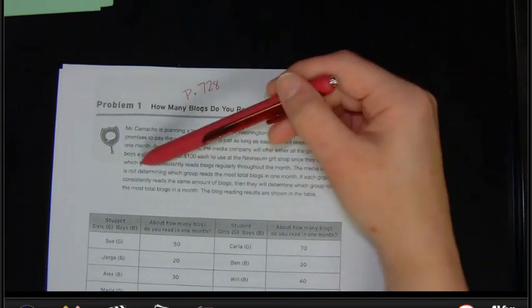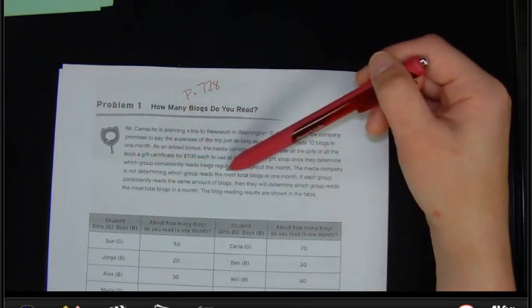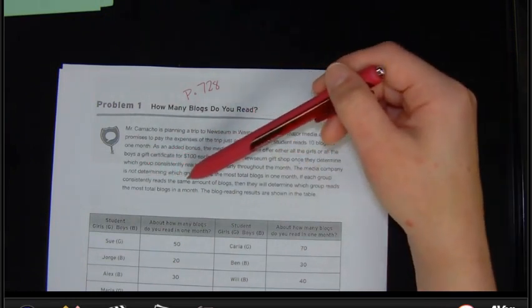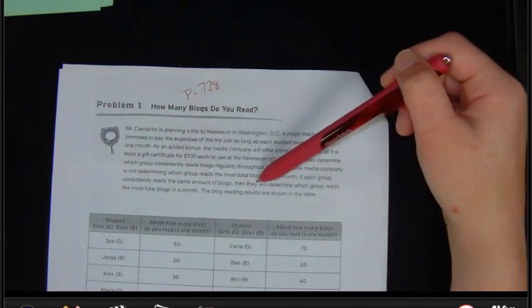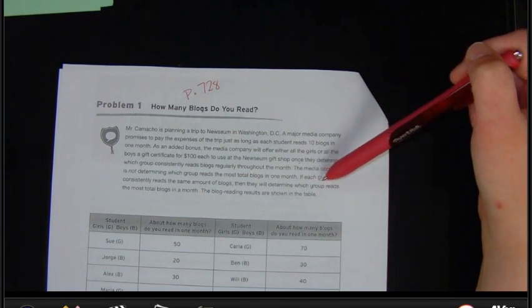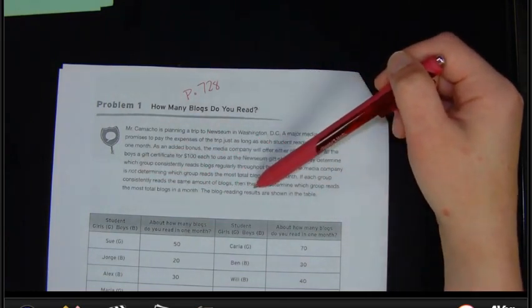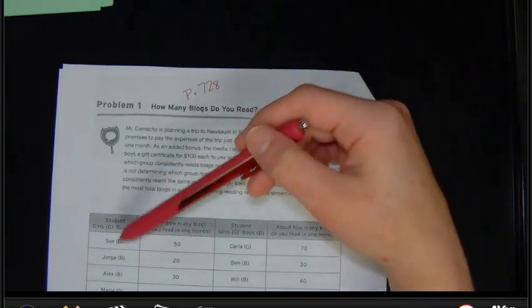The media company is not determining which group reads the most total blogs in 1 month. If each group consistently reads the same amount of blogs, then they will continue with which group reads the most total blogs in a month. The blog reading results are shown in the table.